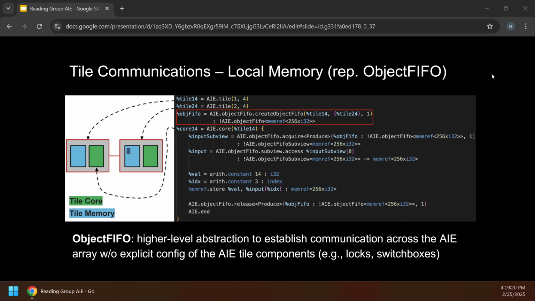This object FIFO basically declares the producer tiles and the consumer tiles, the size of the data it wants to transfer, and also the data type of the data it is transferring. And this object FIFO is then lowered onto the physical MLIR-AIE components using the compiler conversion path.